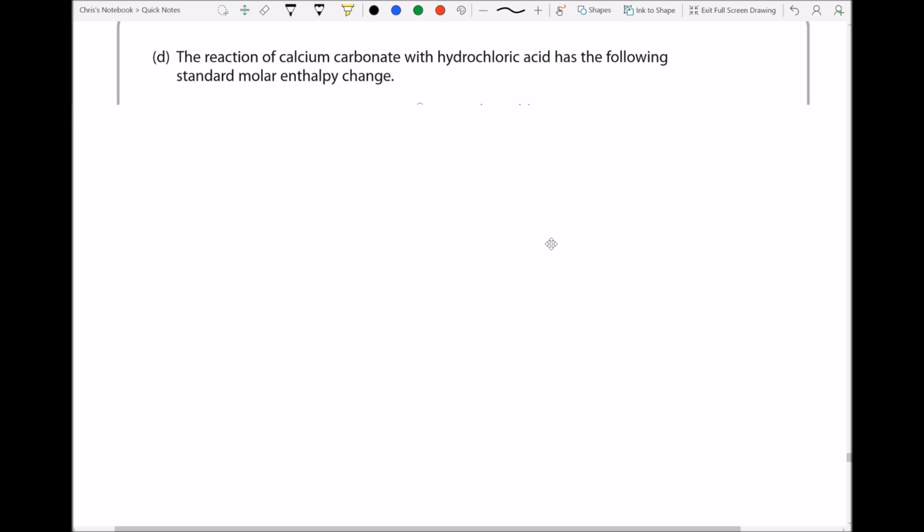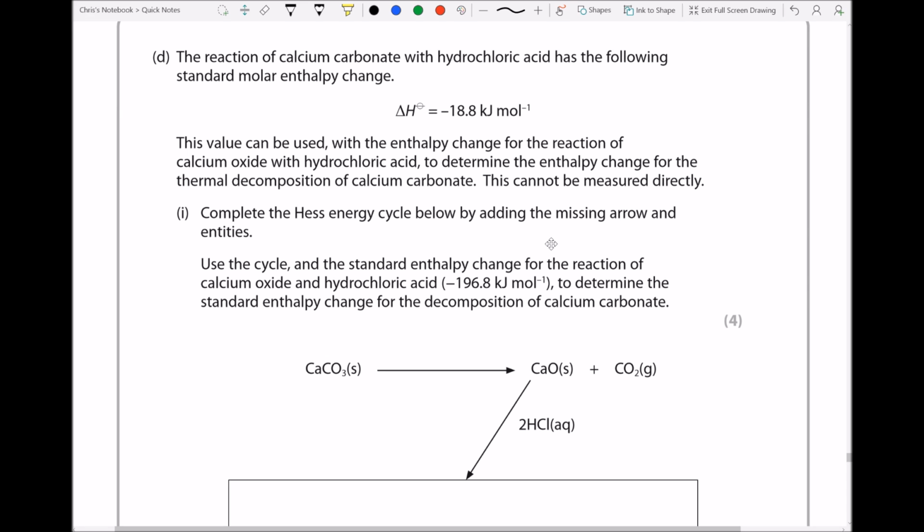Okay, so this is part D. Part D is looking at the reaction of calcium carbonate with hydrochloric acid. It has the following standard molar enthalpy change, and you can see that's minus 18.8 kilojoules per mole. This value can be used with the enthalpy change for the reaction of calcium oxide with hydrochloric acid to determine the enthalpy change for the thermal decomposition of calcium carbonate.